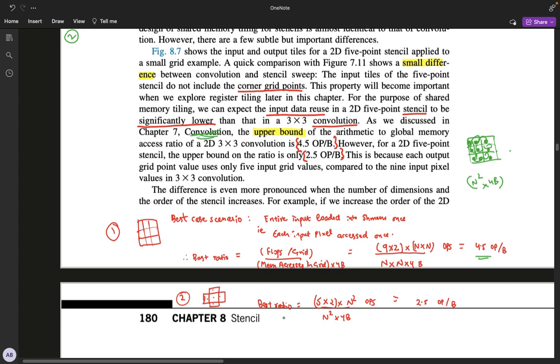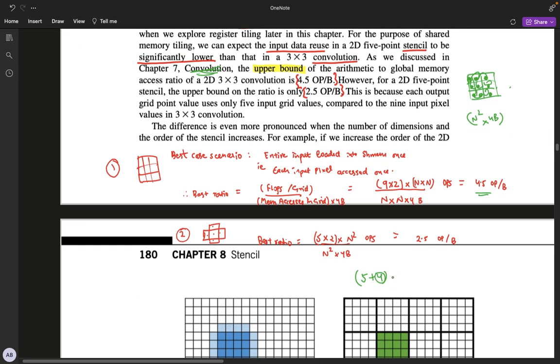The number of threads in the grid is n square, and flops per thread is around 5 into 2. Or we could also do it as 5 plus 4, because 5 multiplications of the input pixel with the corresponding coefficient, plus 4 additions. It actually depends on how we are implementing it. We could implement it as 5 plus 4 or 5 plus 5.